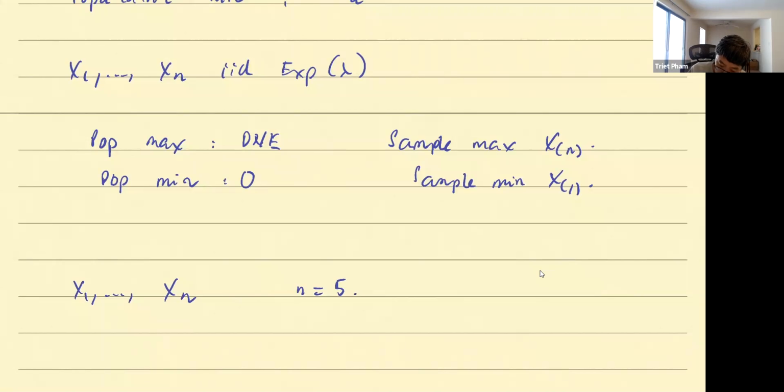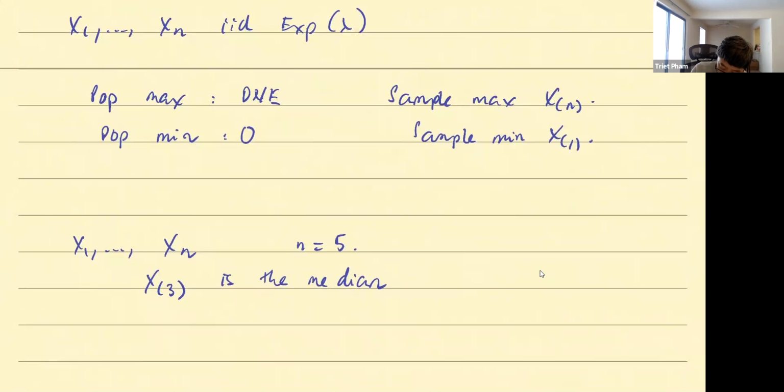All right. So back to the sample size, n equals 5. Okay. So x3 is the median. I hope that's clear for everyone.